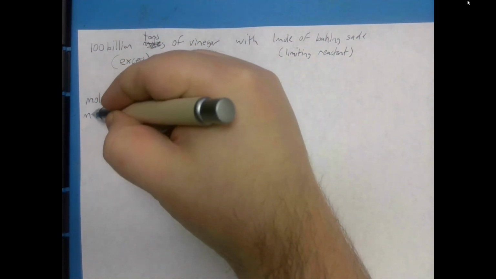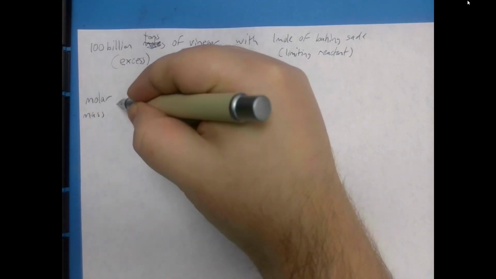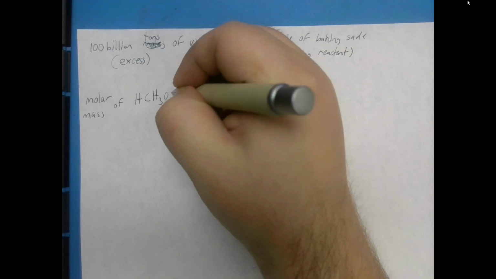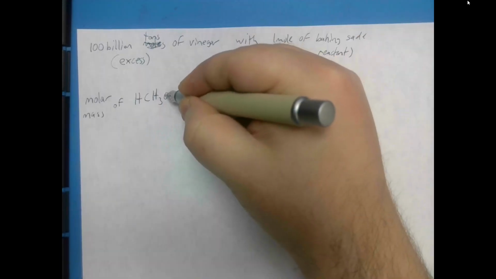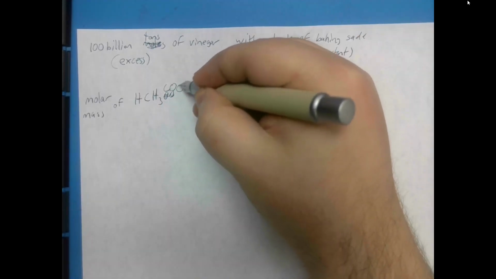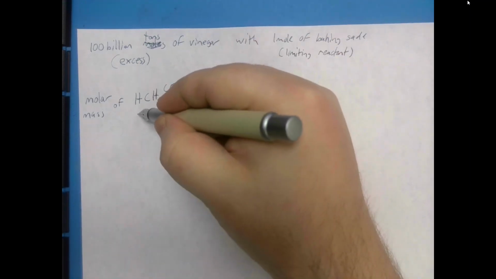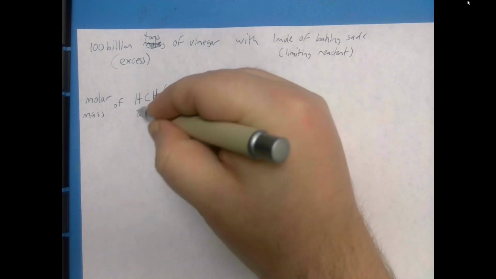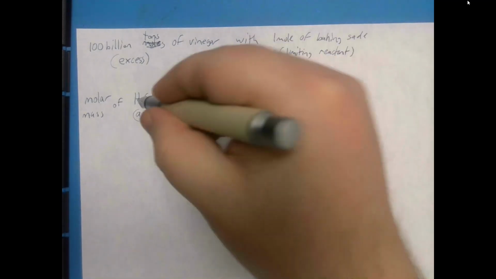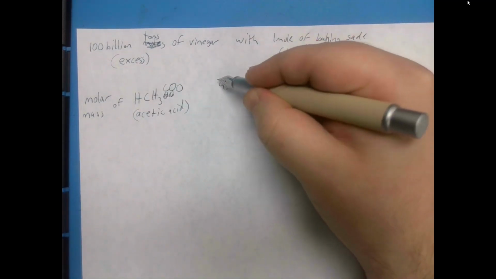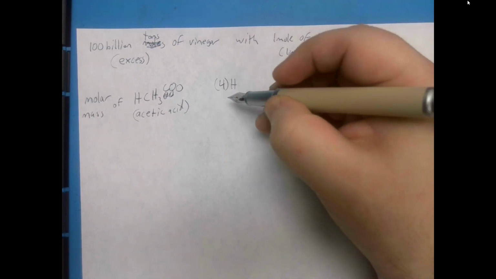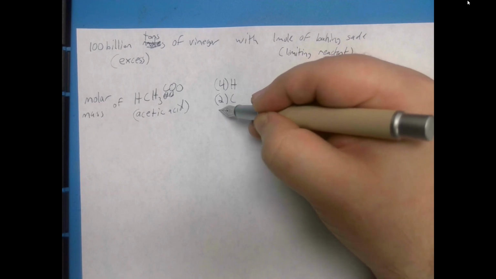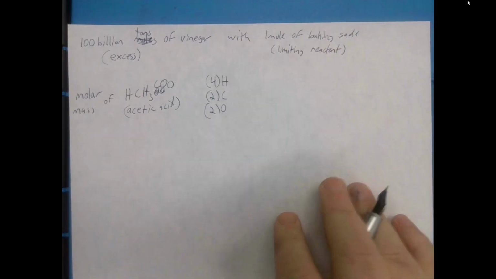So the molar mass of acetic acid, and I keep leaving off this extra carbon. So we have 4 hydrogen, 2 carbon, and 2 oxygen.